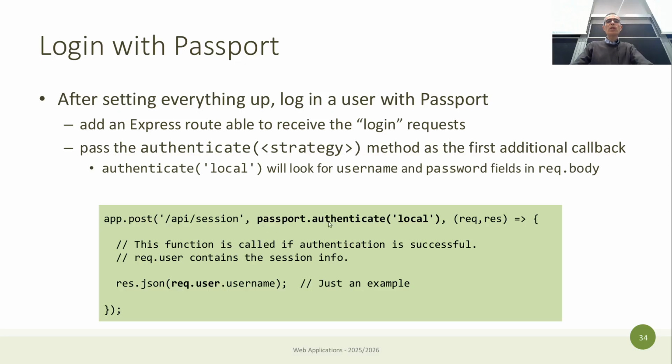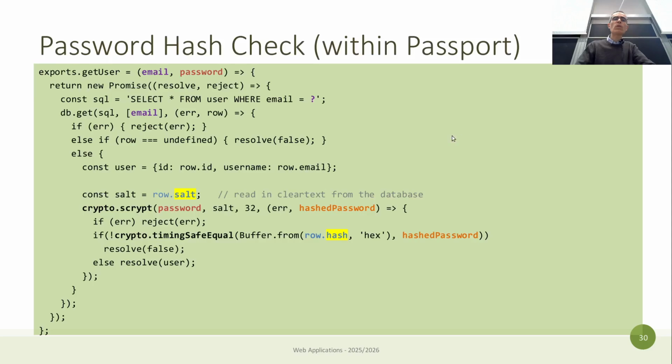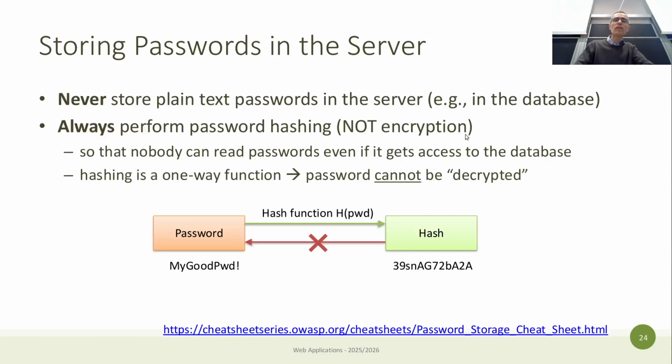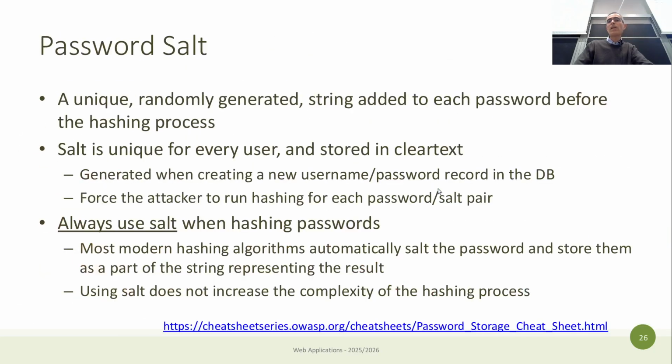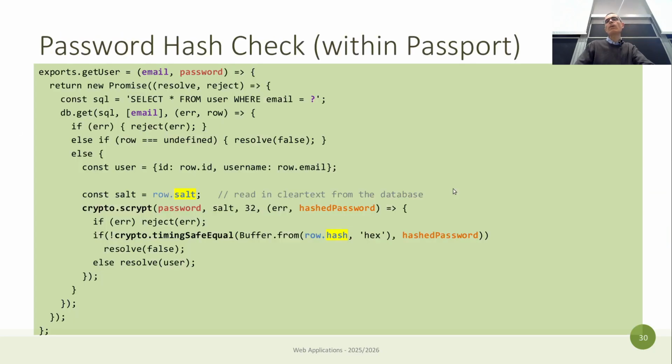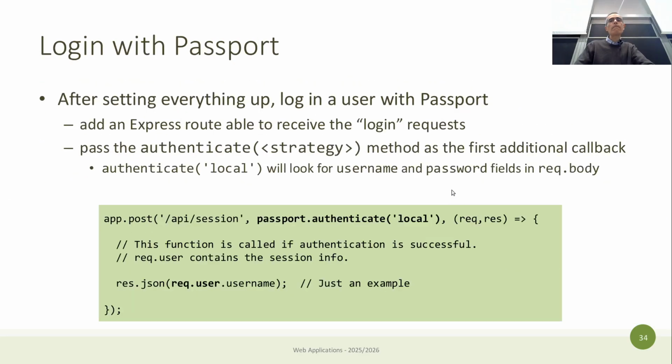And you need to call passport.authenticate('local'), a middleware provided by Passport that performs this authentication. And so it goes and calls this function that we saw before, this verify function, and so on. But I think we can see it in implemented code. It's much easier.